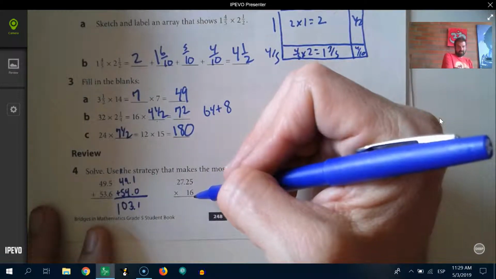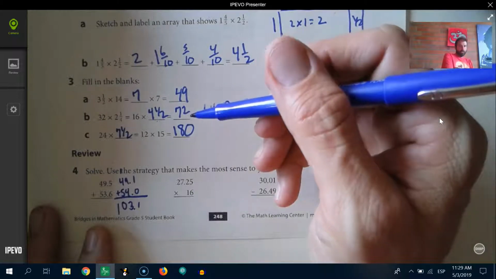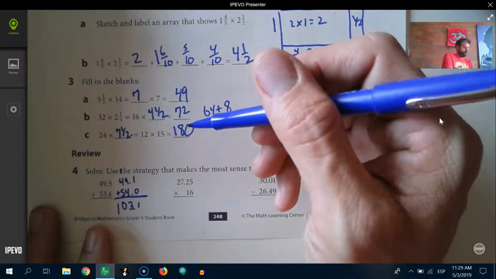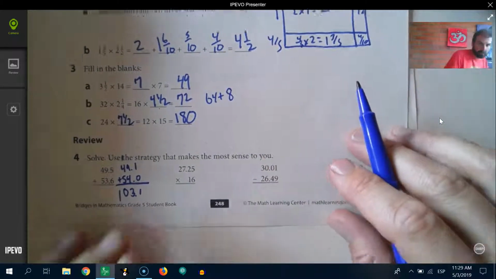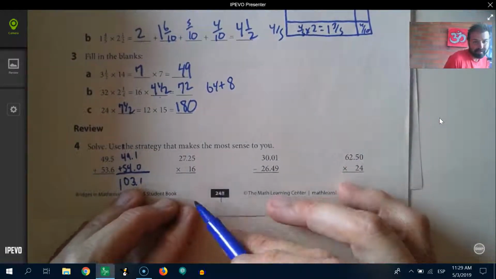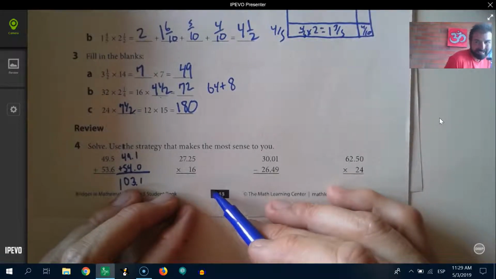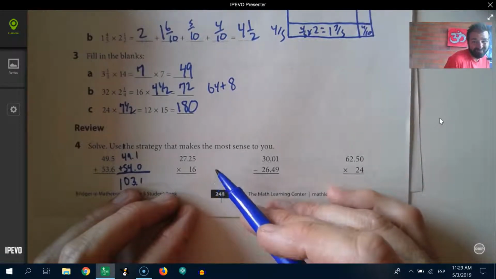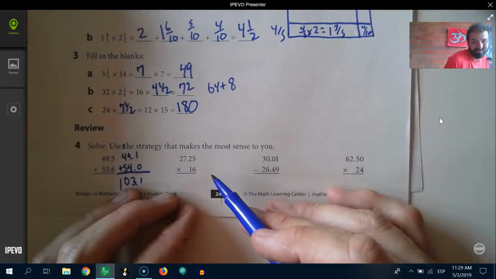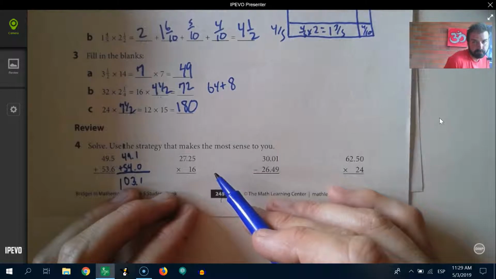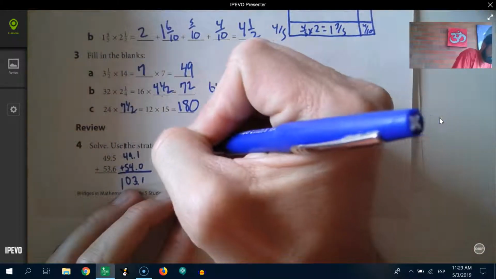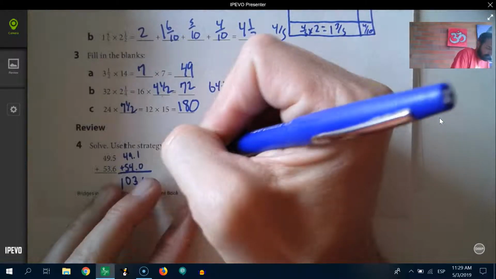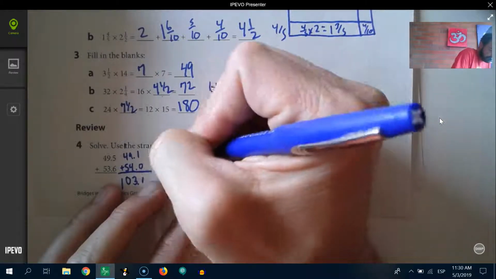27.25 times 16. Yeah, I guess I'm going to do the algorithm, but look, it's teeny tiny for the algorithm. 16. All right. 6 times 2 is 12, plus 3 is 15.